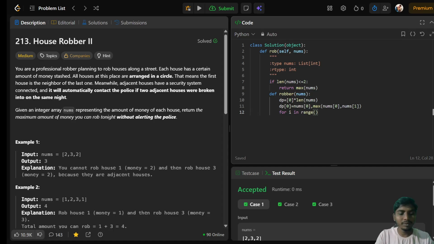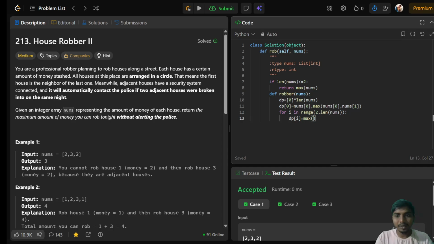We can rob starting from the third house, that is index 2, up to the length of the array. At a particular point we will store the maximum amount that the robber can rob up to that house by considering two options.